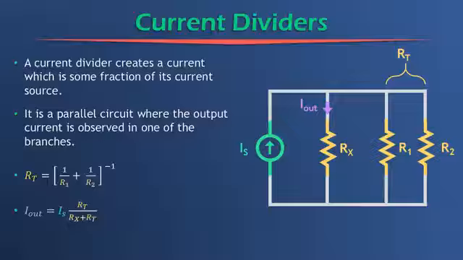But in the current divider, it's the opposite. It's the equivalent resistance of everything except for the resistor that we are interested in. And the resistor that we're interested in this case is Rx. And you'll notice that RT is the equivalent resistance of R1 and R2, but not Rx. Interesting.